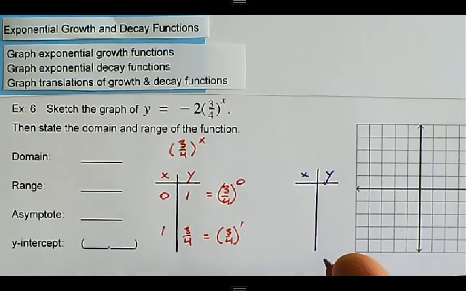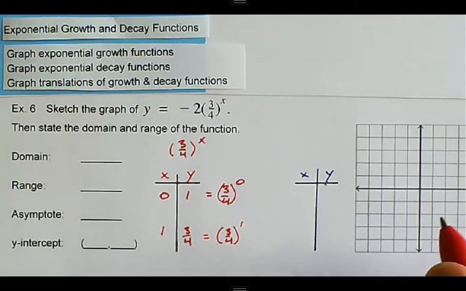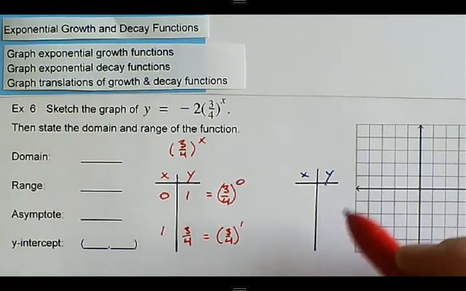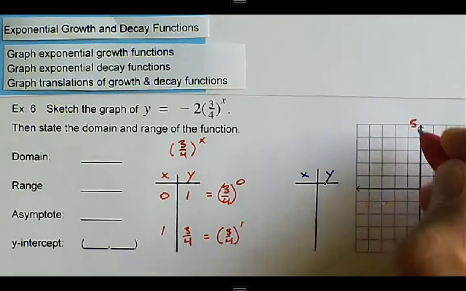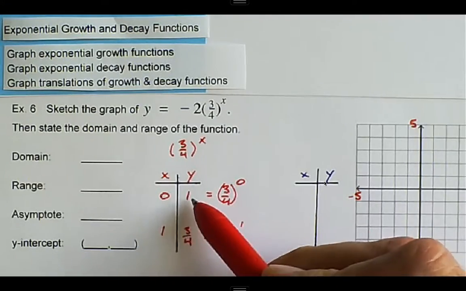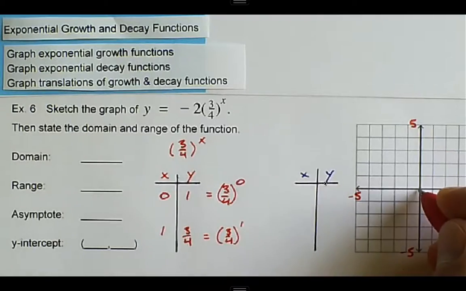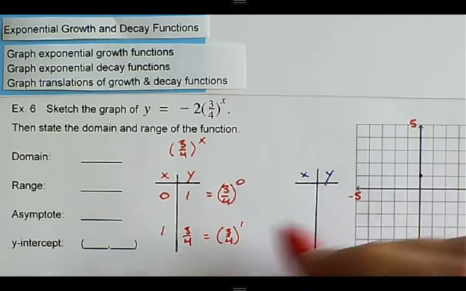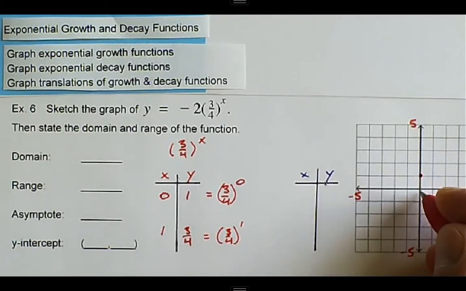Now we can plot that function. So we have the point 0, 1. And then we have the point 1, 3/4.